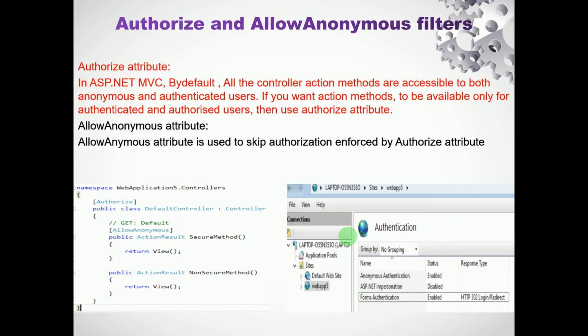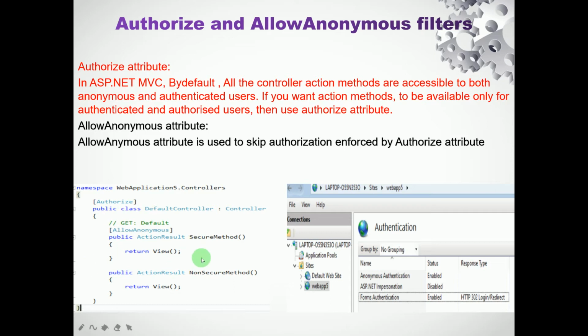Here you can see I have created these filters, authorize and allow anonymous, to access the method. You can give the authorize attribute to the whole controller or define it on a method. Allow anonymous is useful to give permissions to a method.